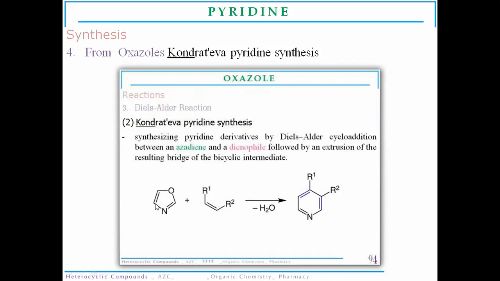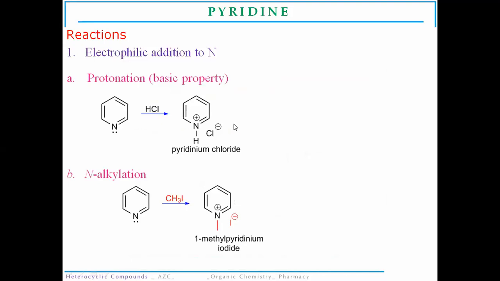So this dienophile and azadiene will combine together and form an adduct, and that adduct undergoes structural rearrangement. There is formation of the pyridine molecule. So this we discussed while discussing the synthesis of oxazole, the formation of pyridine from the oxazole molecule.